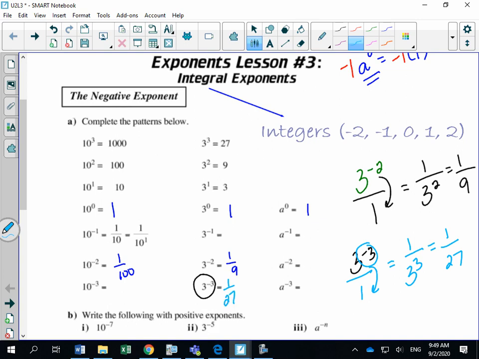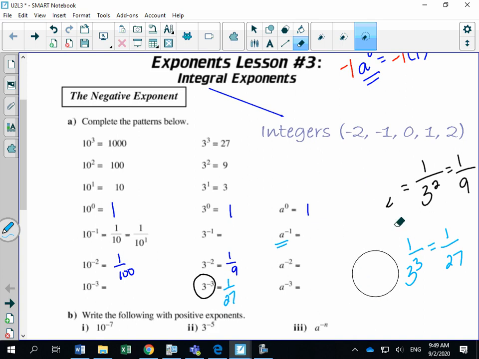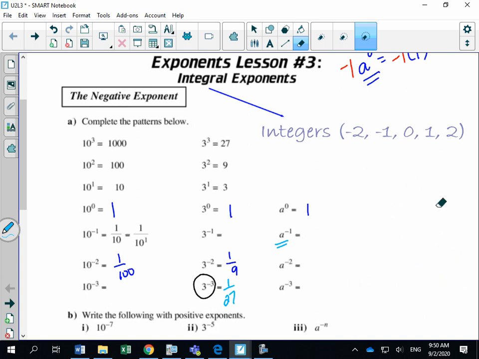So let's deal now with variables, right? Because how I can tell if students understand this is I give them something that they can't punch into their calculator. And that's always going to be your variables. So a to the power of -1, if I bring my a down, sorry, that's a mistake.